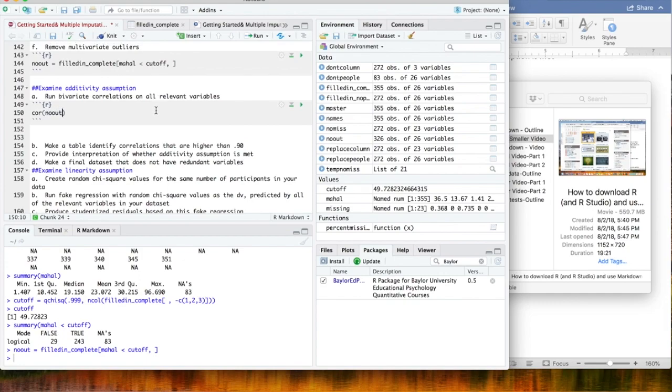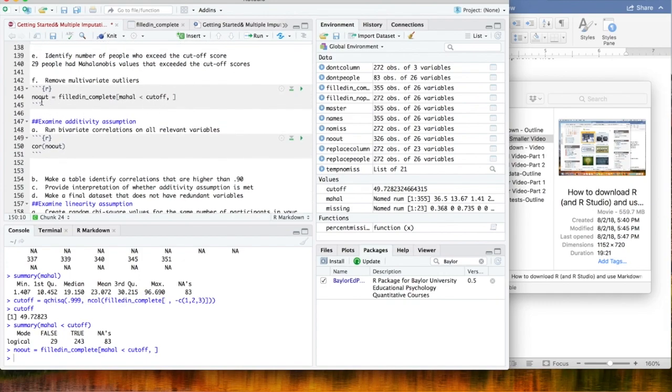So let's do correlation for no out, because remember, no out is the data set that had the multivariate outliers removed already. Retain all the rows of participants, but we want to dump 1, 2, and 3 for the columns. Again, use pairwise elimination for missing data.